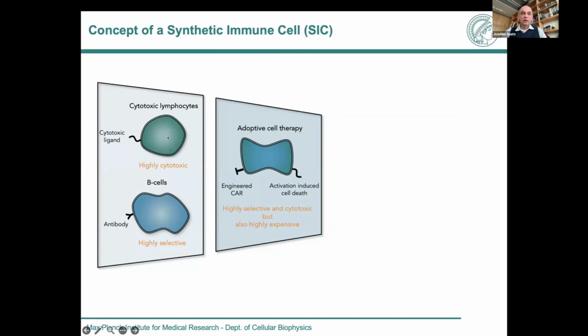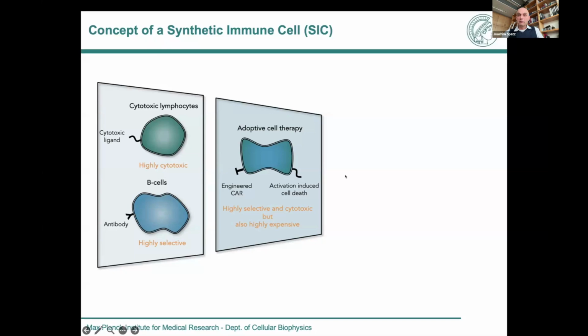A very basic concept is that you combine the cytotoxic ligand from cytotoxic lymphocytes with the antibody presented by B cells, which gives you high selectivity. This is somehow done in CAR T cell therapy, but while CAR T cell therapy is functioning, applicable and successful, it's very, very expensive and will never be applied, I think, to all cancer patients because it's too expensive.